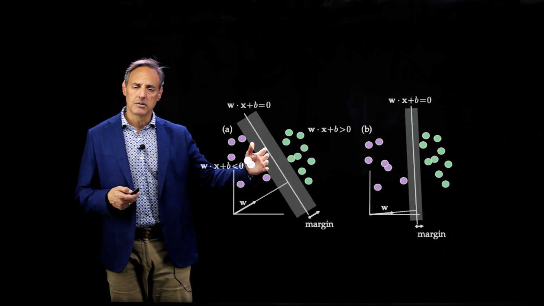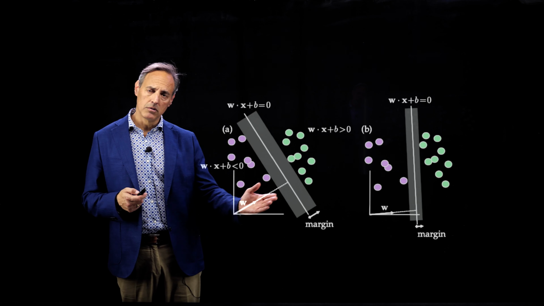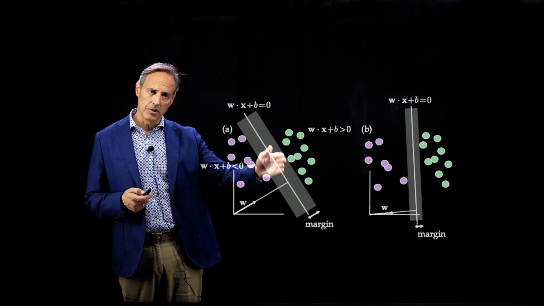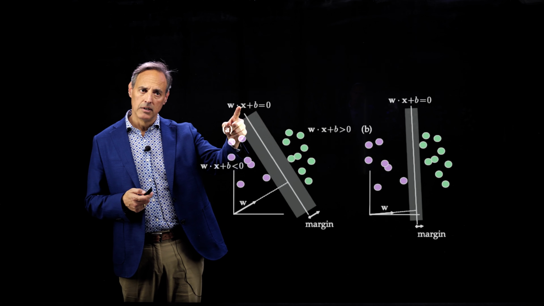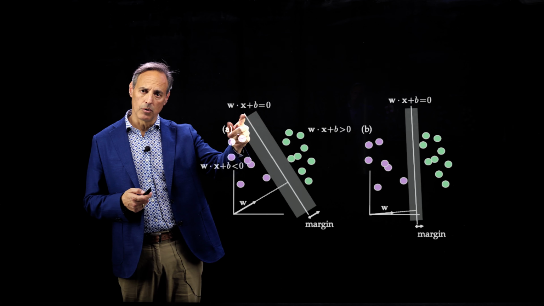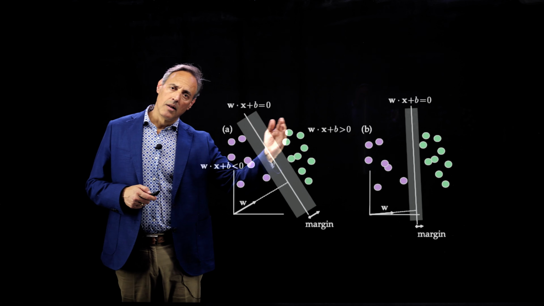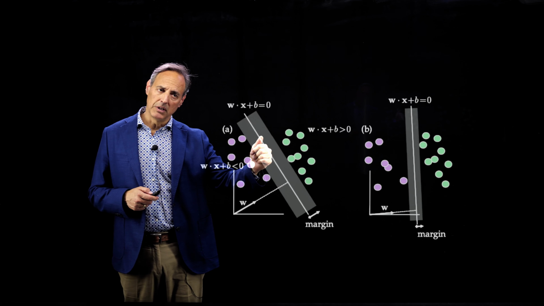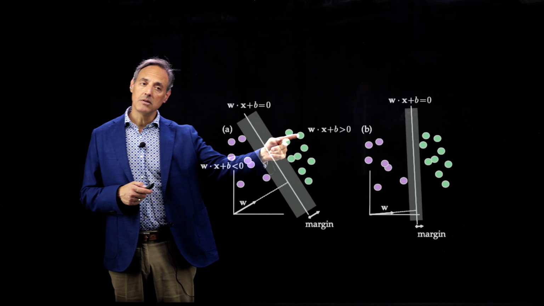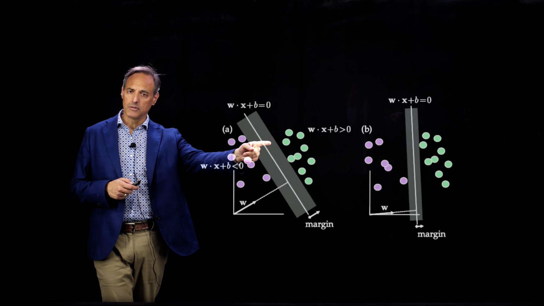Part of drawing that plane is a couple of things we want to think about. First of all, there's going to be a vector w out to this plane. This plane is right here: w·x + b = 0. This defines the hyperplane. If you're above this plane, w·x + b is greater than 0, which means you're in the space of the green balls.